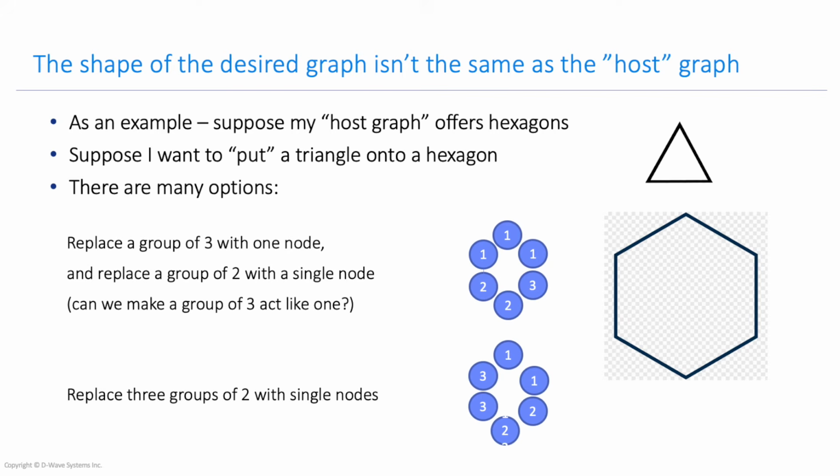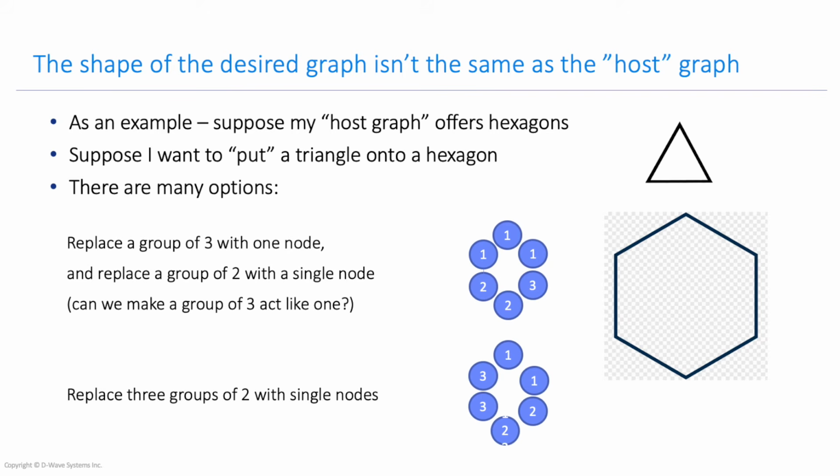For example, I could tie 3 qubits together, the ones there in that middle plot. That would make 1 qubit, and 2 2s would make a qubit, and then 3 would make a qubit, and that would give me a triangle. It would act like a triangle on the host graph. But there's many ways to do this, of course.